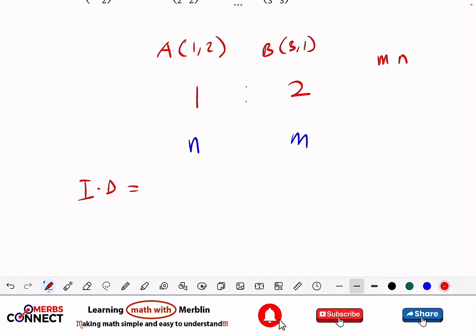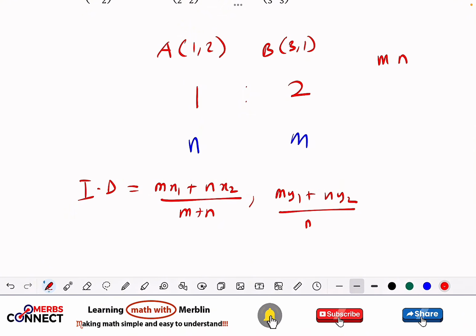This will go with this one, and this one with this one. So I'm going to have m x1 plus n x2 divided by m plus n, and then m y1 plus n y2 divided by m plus n.